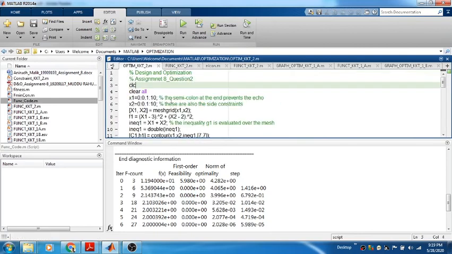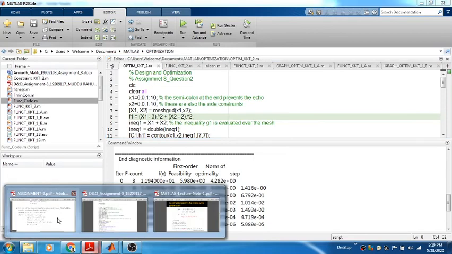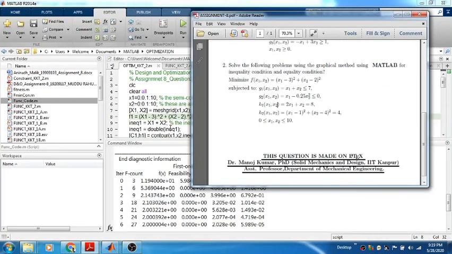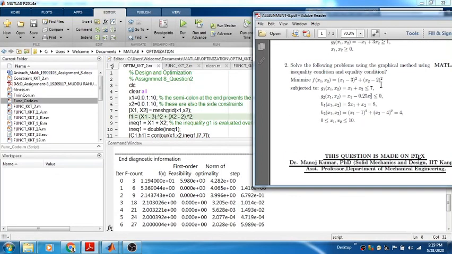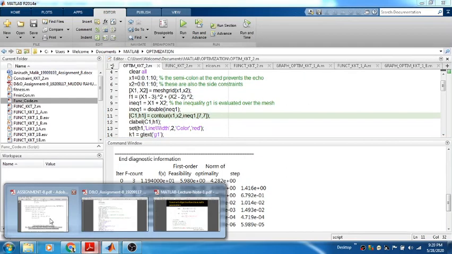You can see the function I have: x1 minus 3 whole square plus x2 minus 2 whole square. That is the equation of a circle, right? This is equation 1. This is your equation, and for g1 you will be having the equality first, and it is 7, right?